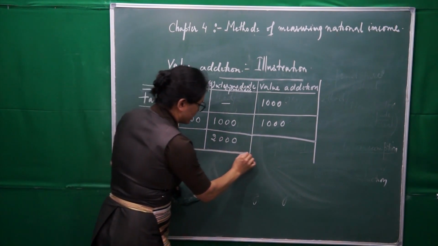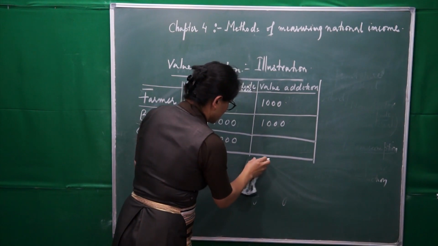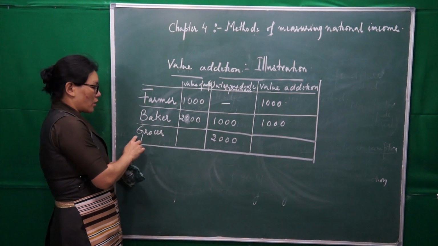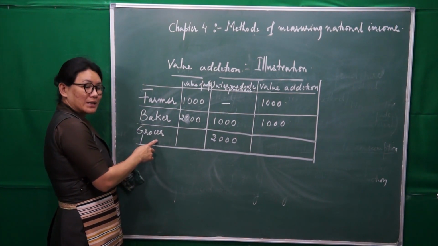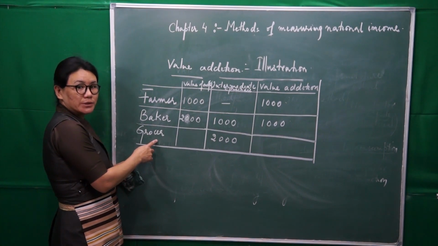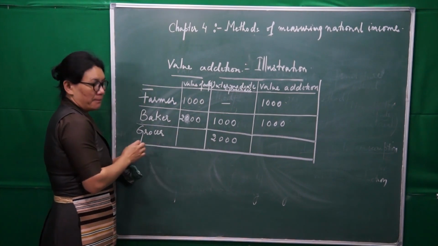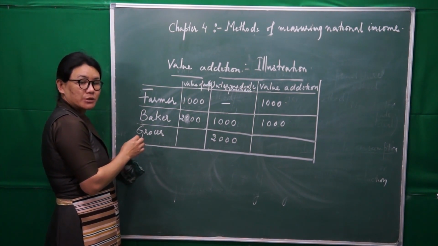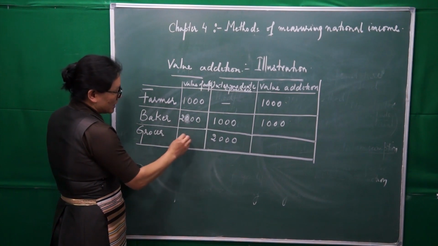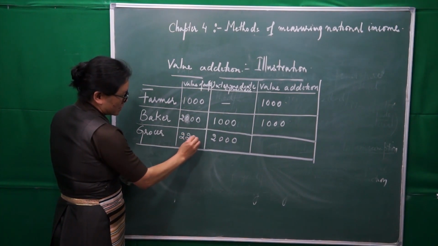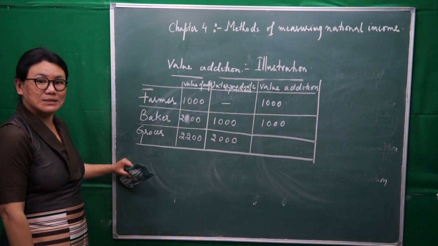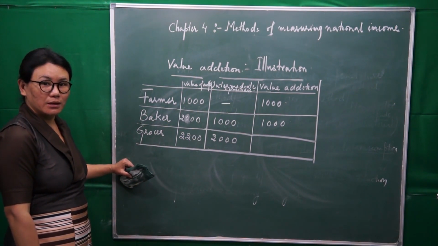Finally, what this grocer has done. Now, grocer has sold the bread to the consumer, and the price he has charged from the consumer, let us take this much. Is that clear? Okay.